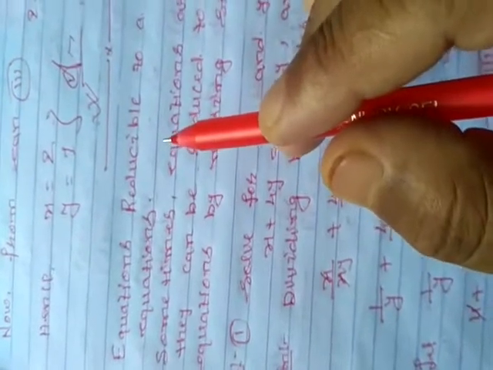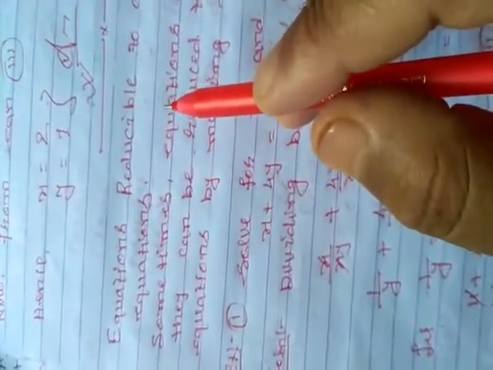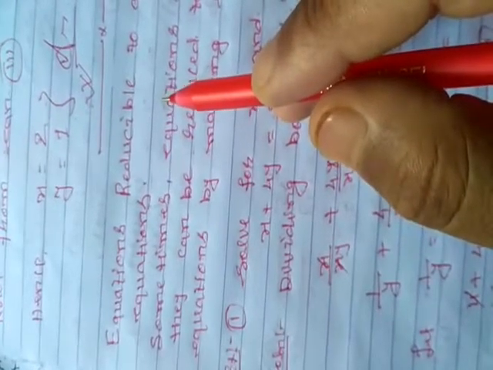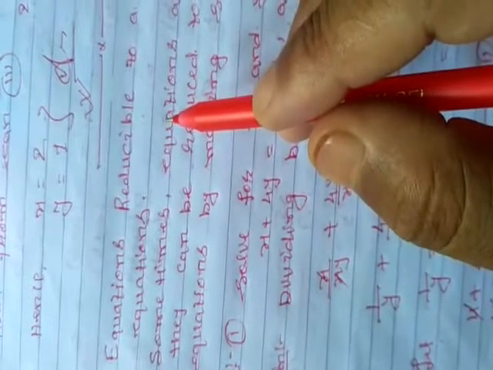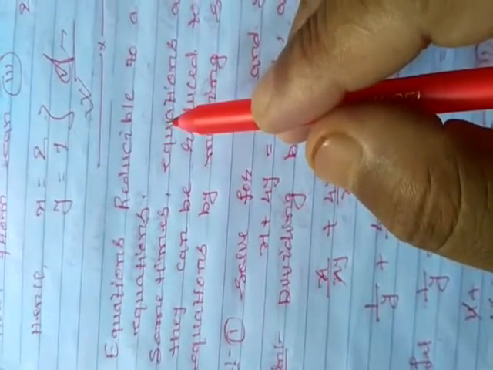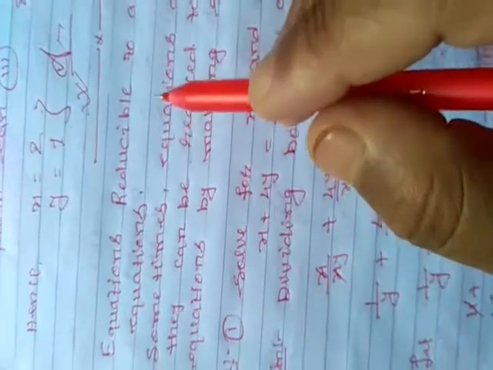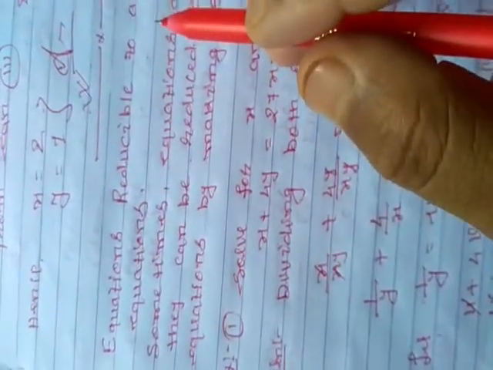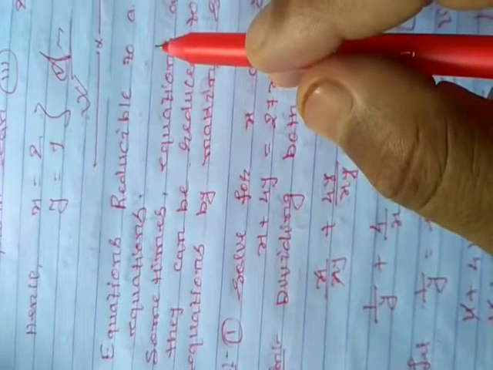I have discussed already the graphical method, substitution method, elimination method, cross multiplication method, and one case of a special method, also with proper examples. I hope that all of you have understood it very clearly and have practiced.